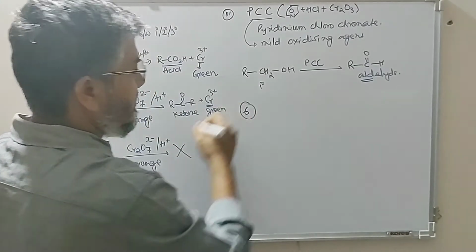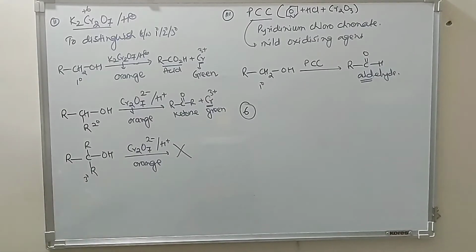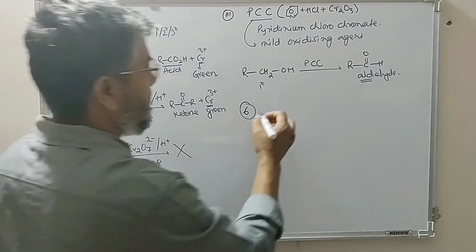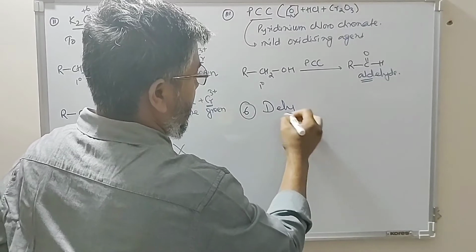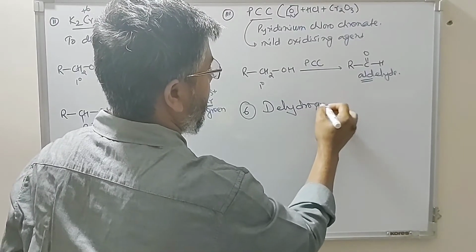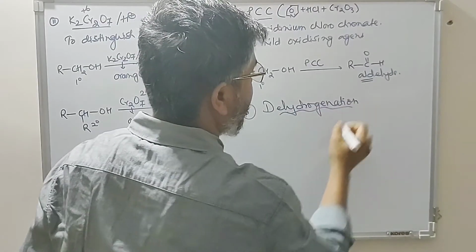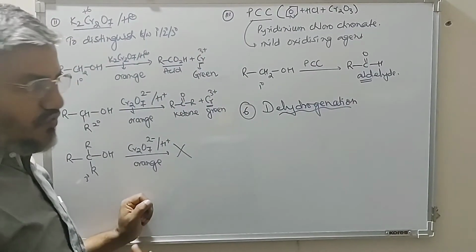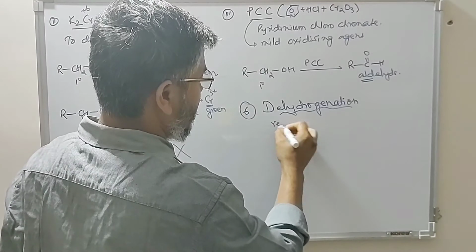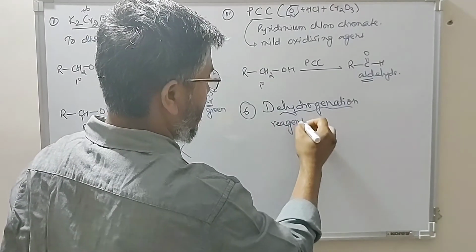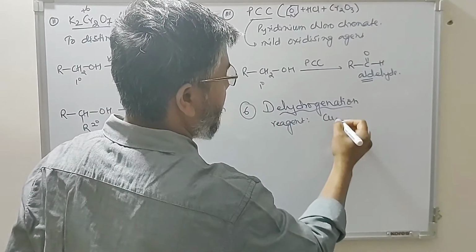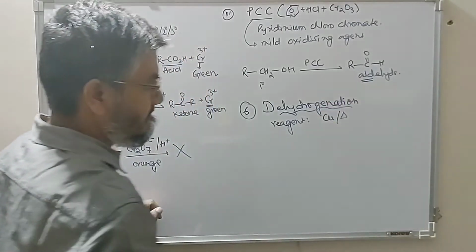Then we have the next reaction, that is the dehydrogenation reaction. Dehydrogenation means we have to remove a molecule of hydrogen. The reagent for this is copper powder followed by heating.